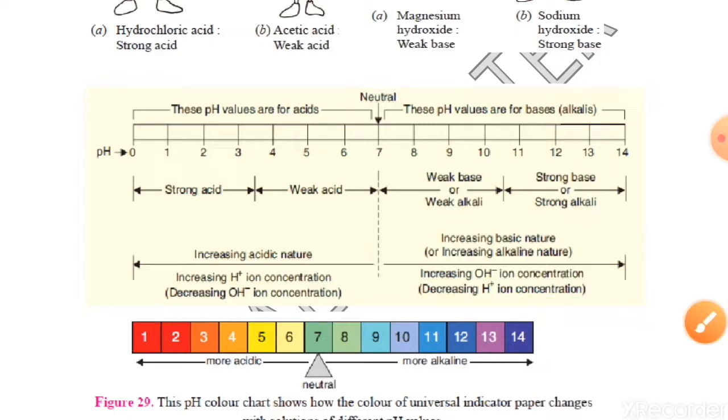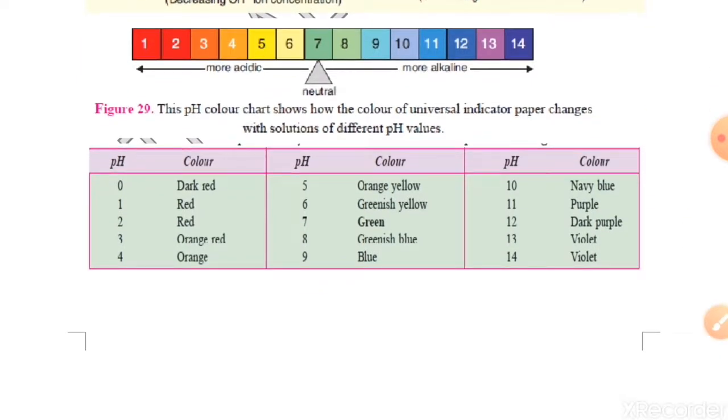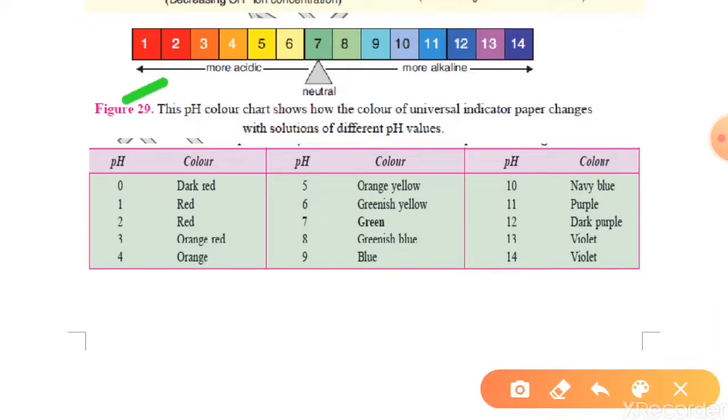We are comparing the pH scale using color. When you dip a pH paper in a substance, you get a variety of colors. You get some shades of red, some shades of blue, and you get green and other colors. If a substance has a pH value of 0, you will get dark red.